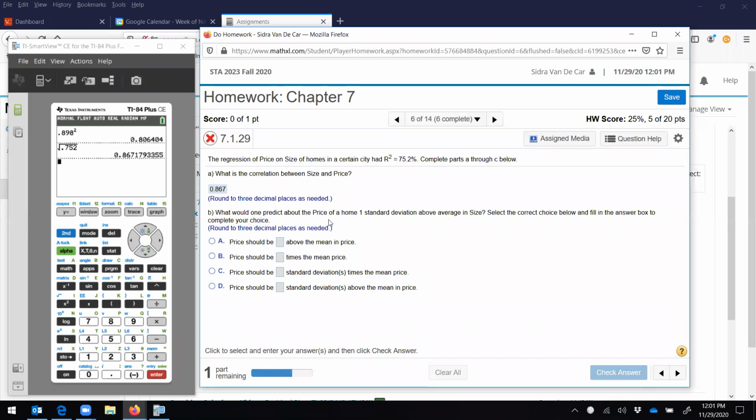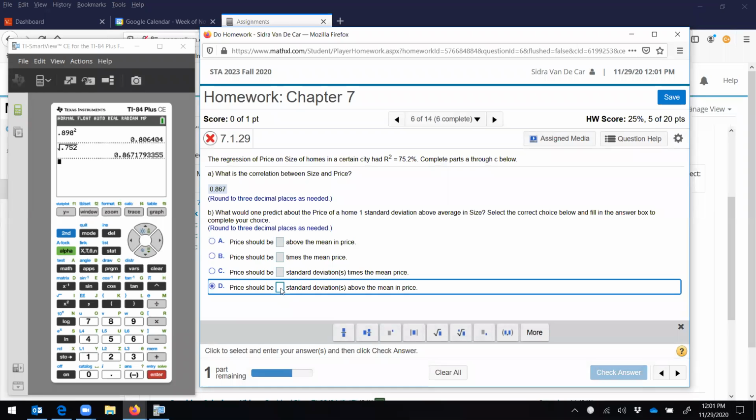What would one predict about the price of a home one standard deviation above average in size? The price should be 0.867, the size of the correlation coefficient, standard deviations above the mean price.